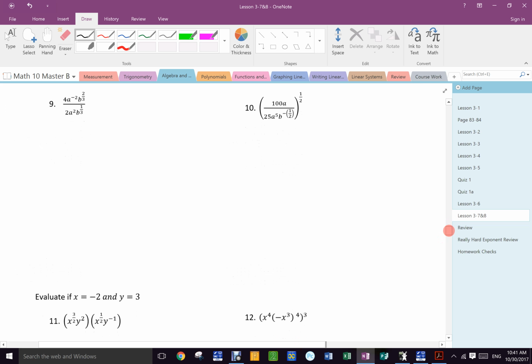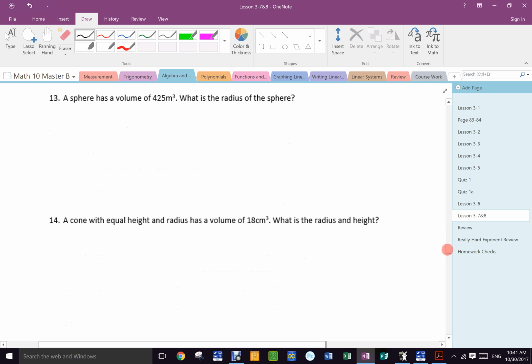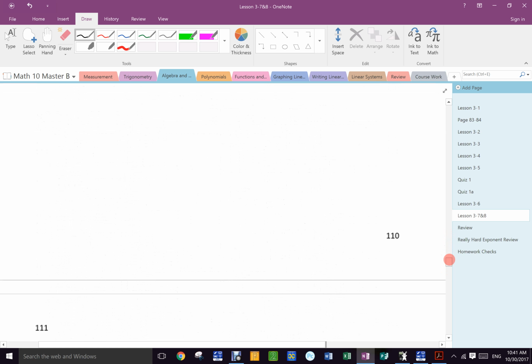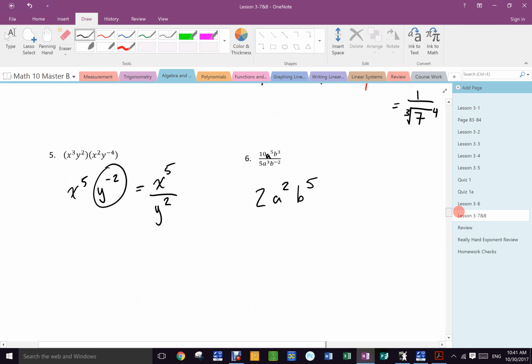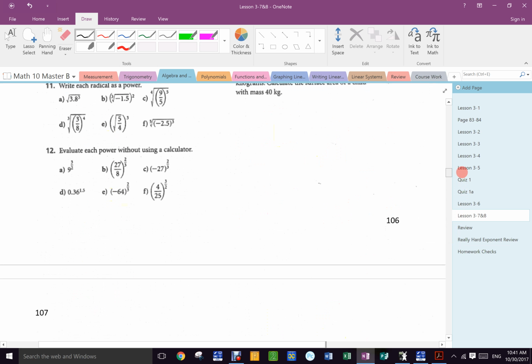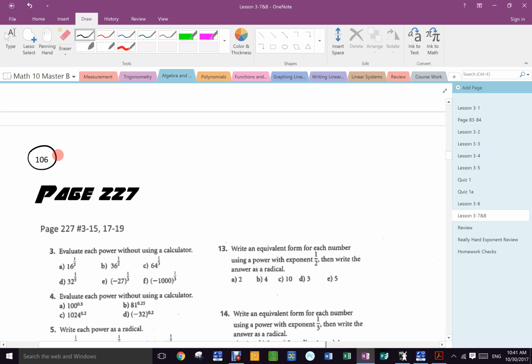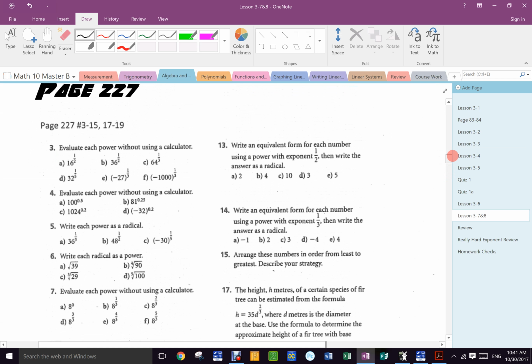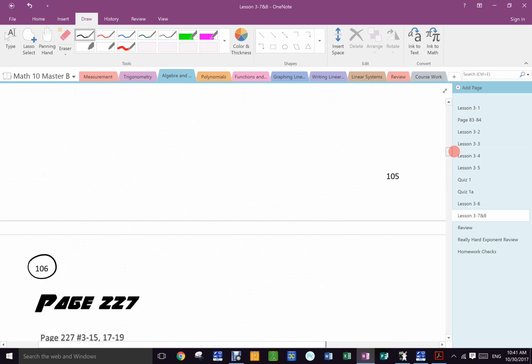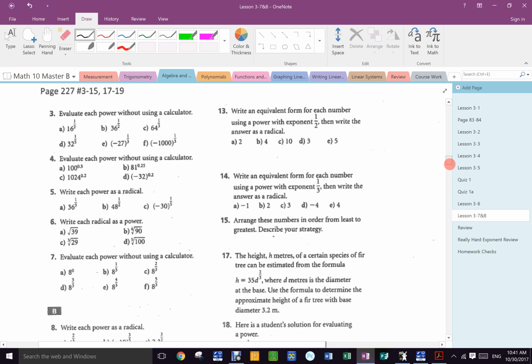Okay. I am going to shut my pie hole. And I'm going to suggest for you page 106, which if you follow along in your outline is called page 227.